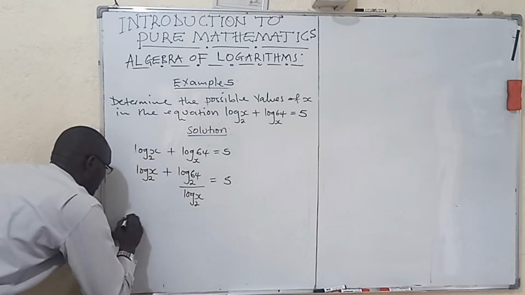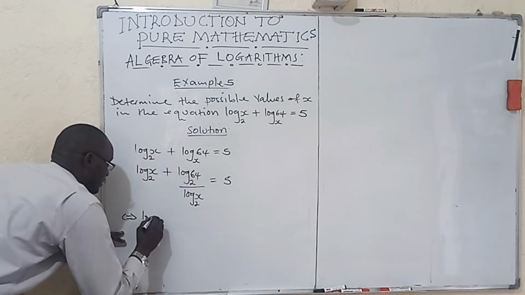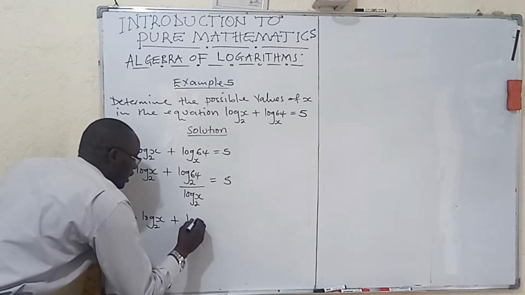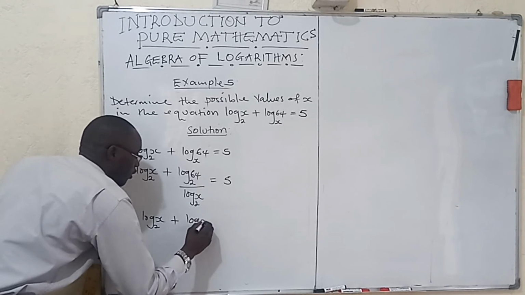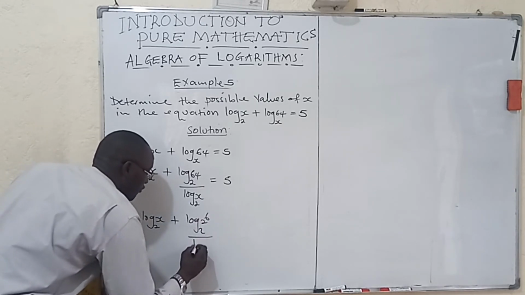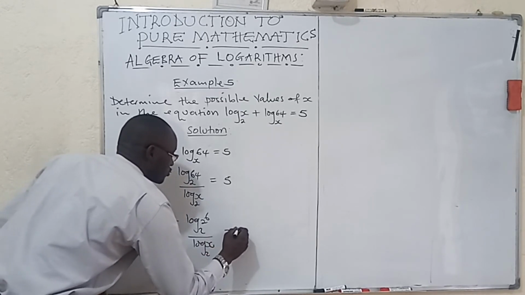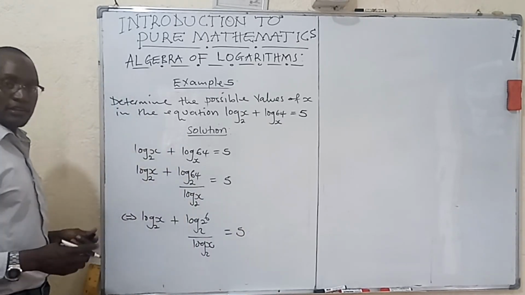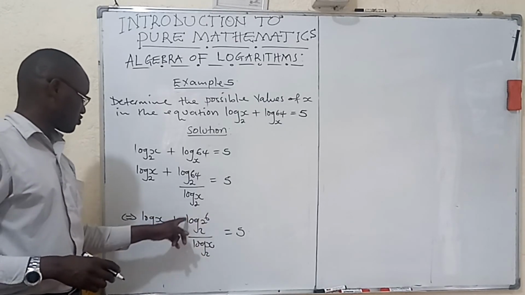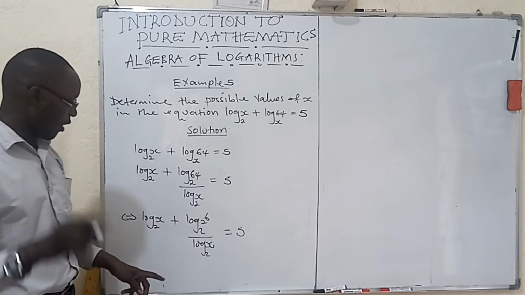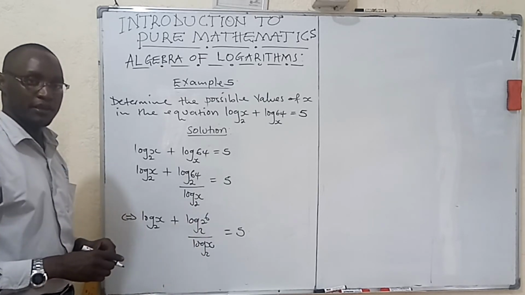So we shall say, Mr. Examiner, sir, this implies that we are causing another change. Log base 2 of 2 power 6 over log base 2 of x is equal to 5. So the 6 comes here. Log base 2 of 2 is 1, so we remain with the 6 up here.